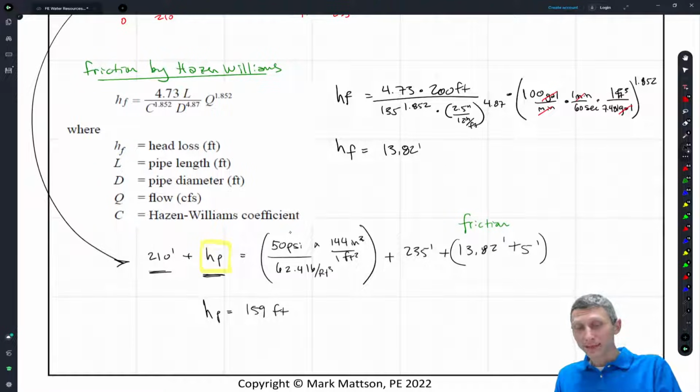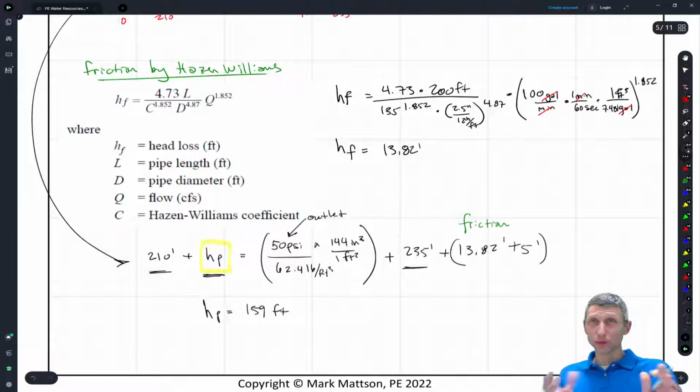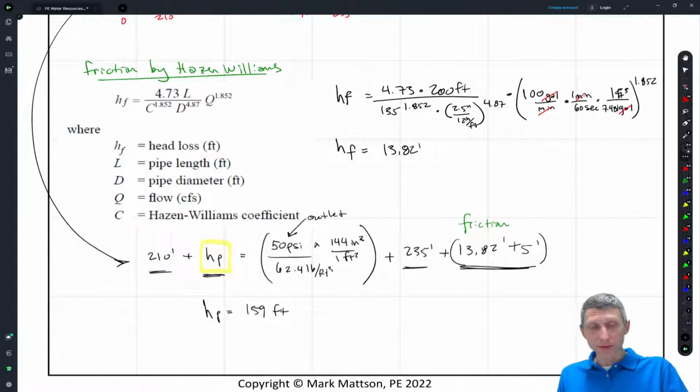We have the outlet pressure that we want, so this is at the outlet now, and then this is our outlet head, the elevation. And then we have our total friction here, which is the sum of the friction loss in the pipe plus the friction loss in the fittings.